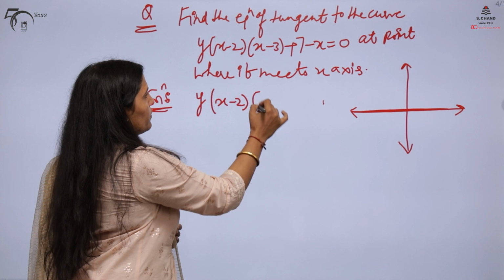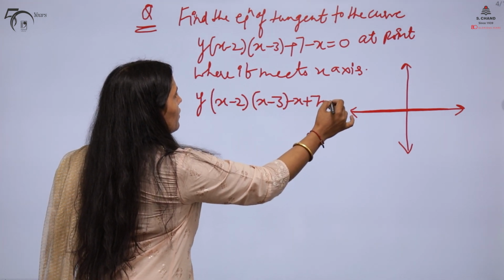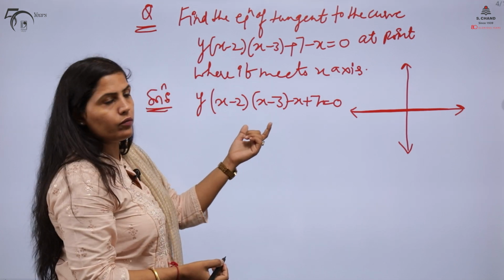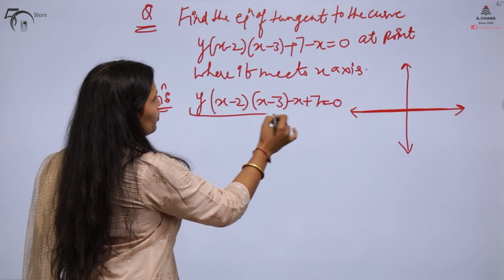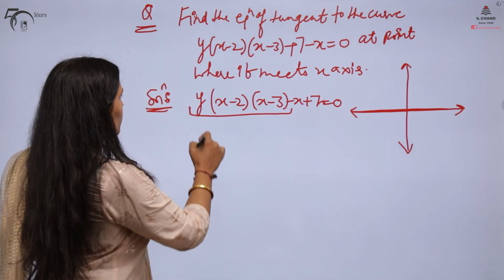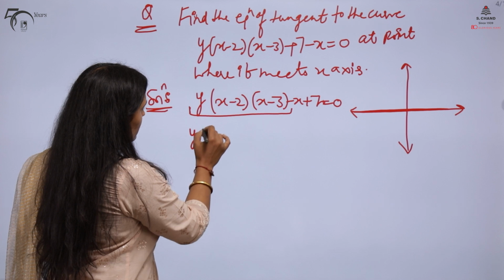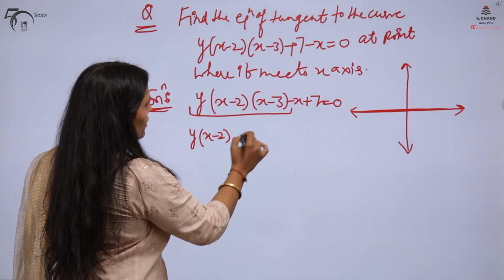This is the curve. Obviously, the very first thing is to take the derivative. Here we have three terms, so it means you will be applying the product formula. Keeping these two the same, the derivative of this will be 1.